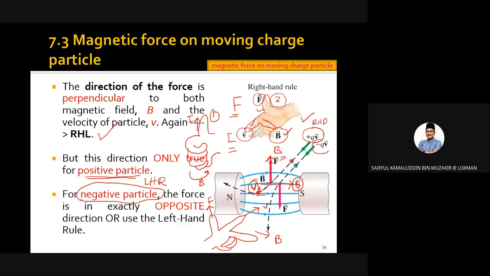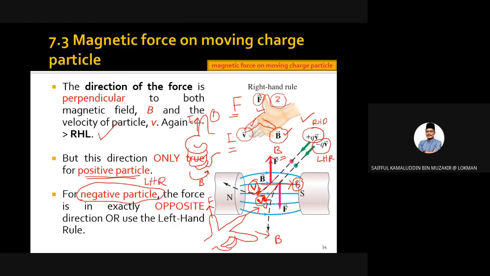How about the negatively charged? Use your left hand rule. The direction of the velocity is your index finger of your left hand. The direction of the magnetic field is still the same, from left to right.